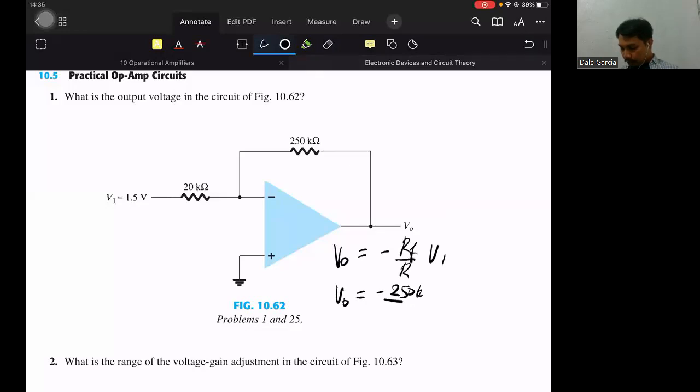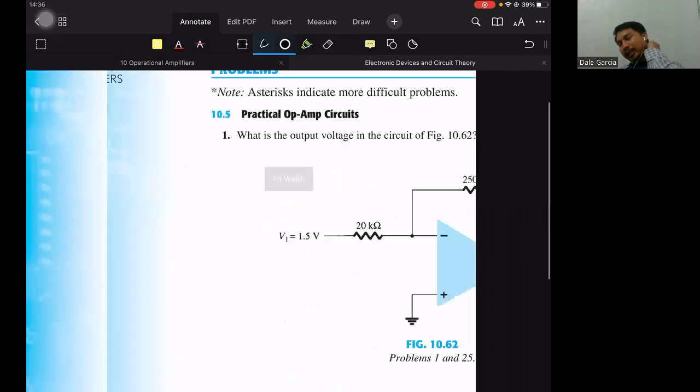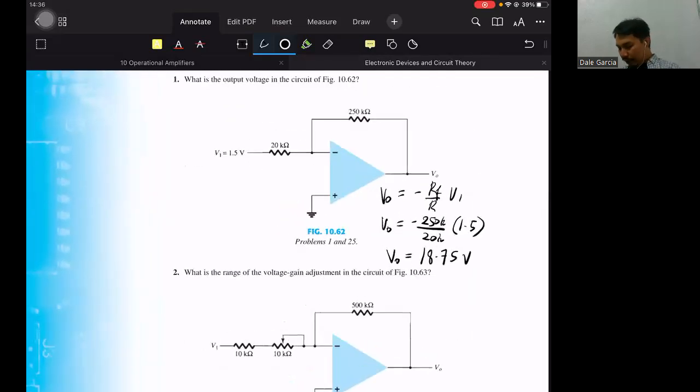Negative 250K over 20K times 1.5. 250 divided by 20 is 12.5, times 1.5 is 18.75. So VO is negative 18.75 volts. These are the extreme values.